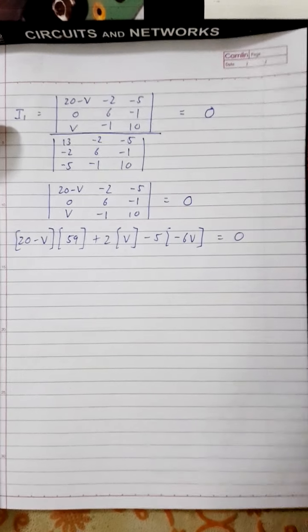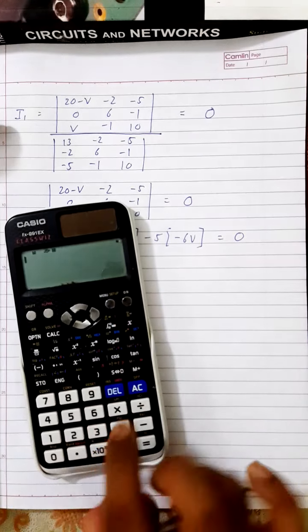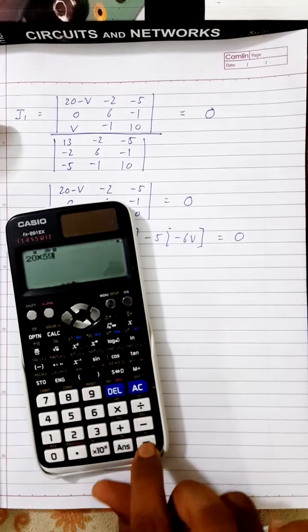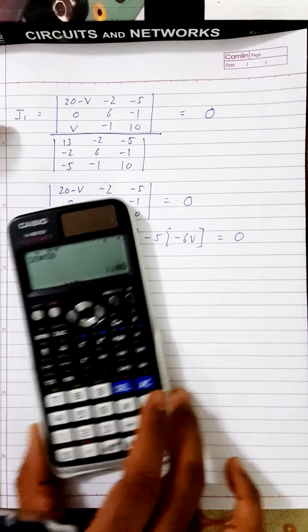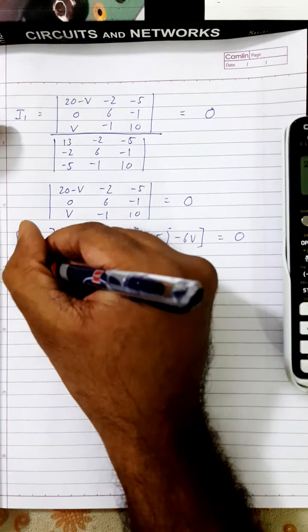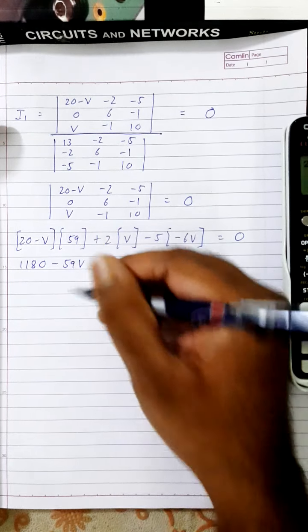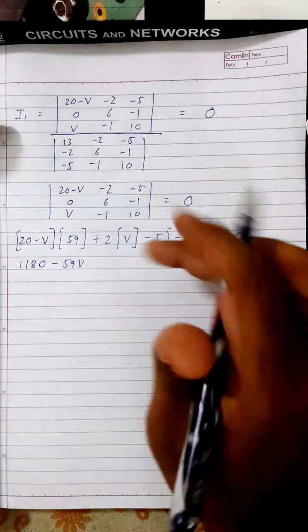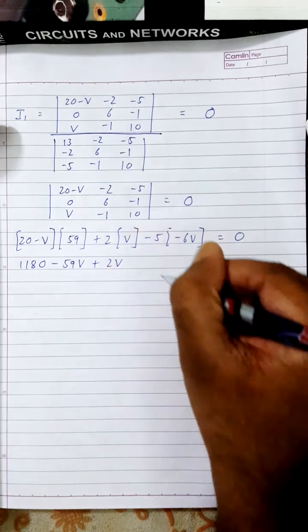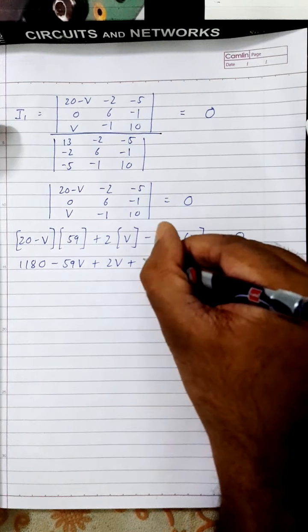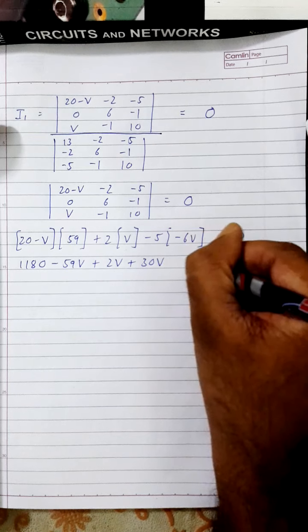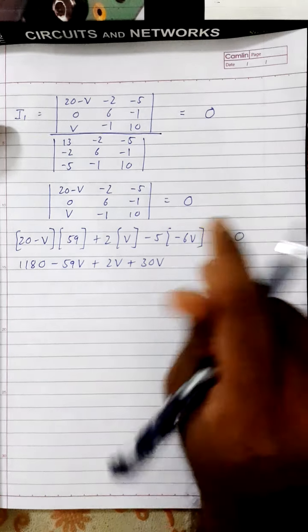What is 20 into 59? 1180, which means this is 1180 minus 59V plus 2V plus 30V is equal to 0, right?